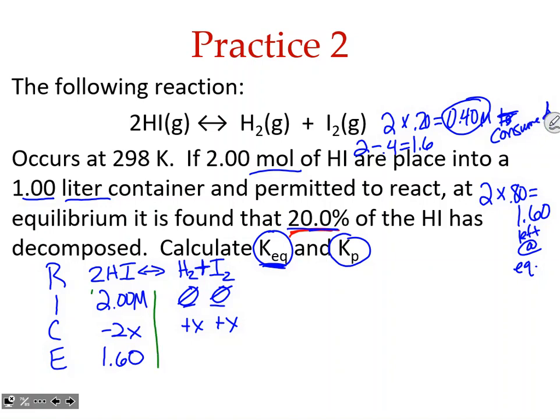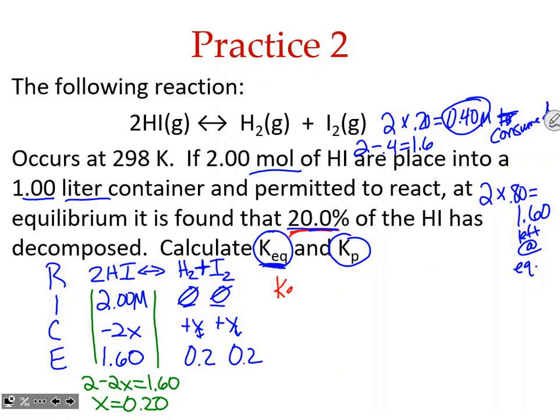Now we have this information and we can calculate x. So, yeah, 2 minus 2x equals 1.6. So what is that? What's x? 0.2. Very good. So that means these guys are 0.2 because they're both x directly. Now we set up our expression.